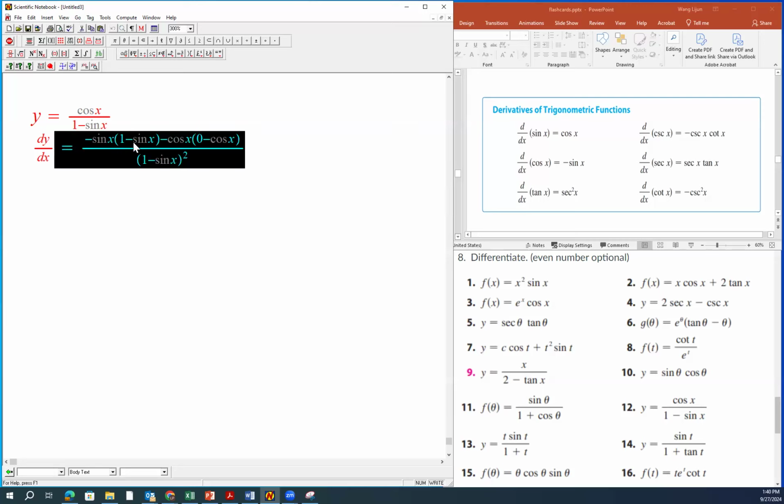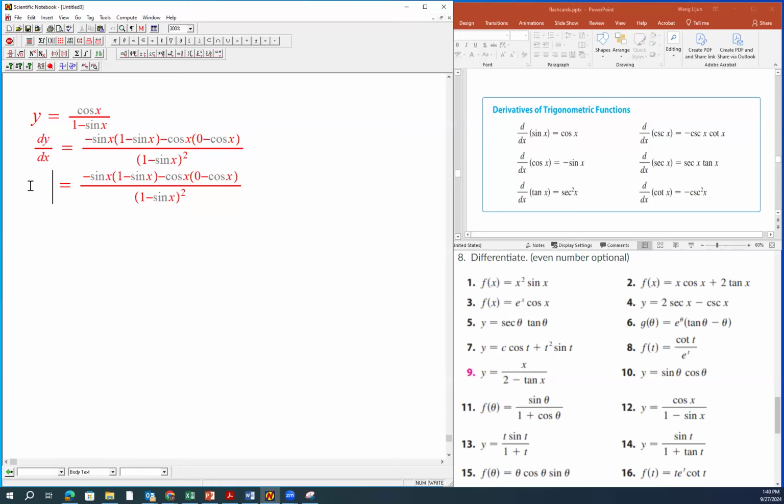Let's see if we can simplify that. 0 minus that, right? Negative cosine x times negative cosine x makes cosine squared x, and that's going to be plus. So this part altogether gives us cosine square x. How about the earlier part?